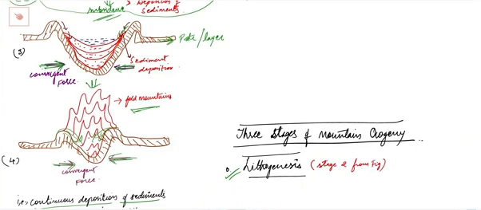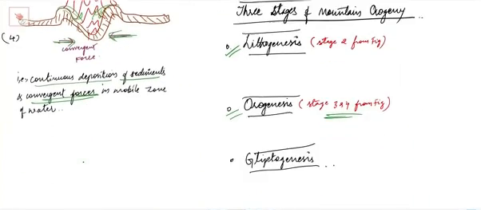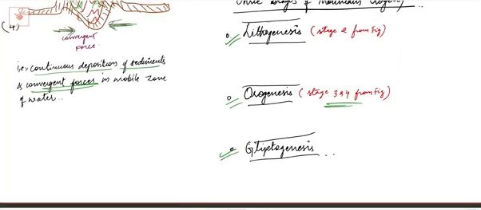So due to the squeezing and squashing, a fold mountain is formed, due to the continuous deposition and sedimentation processes.